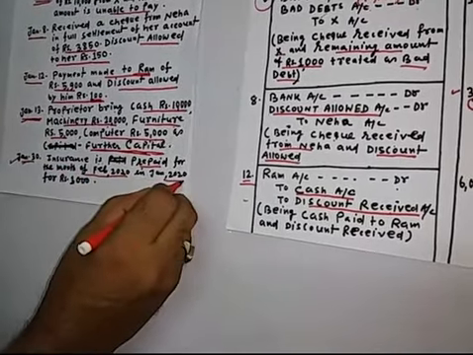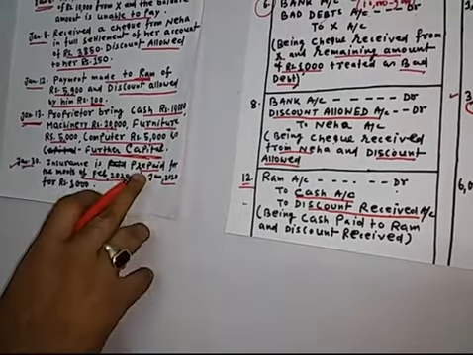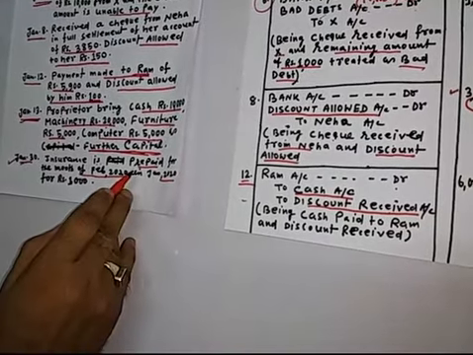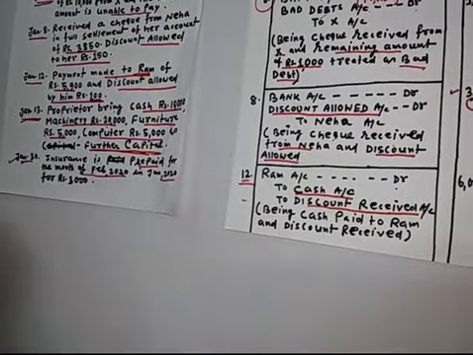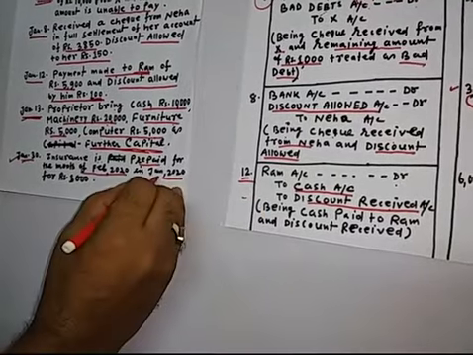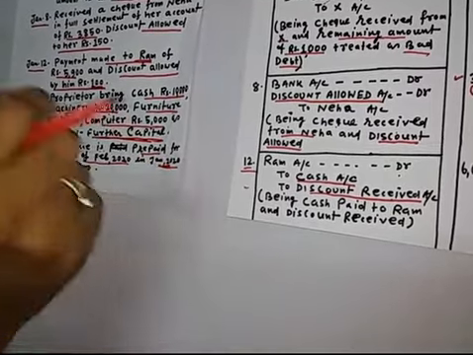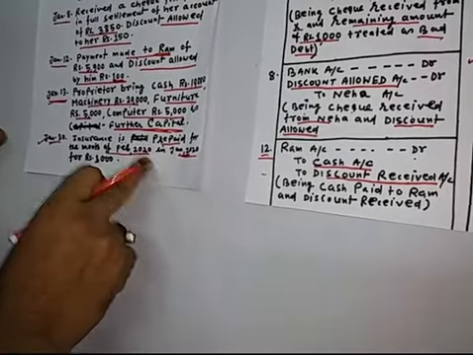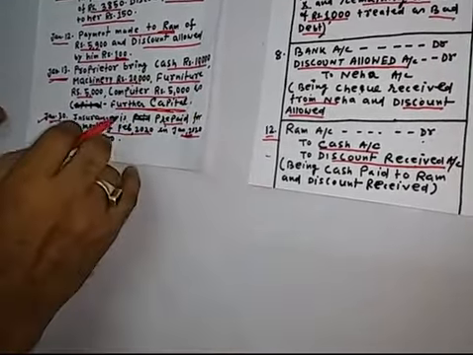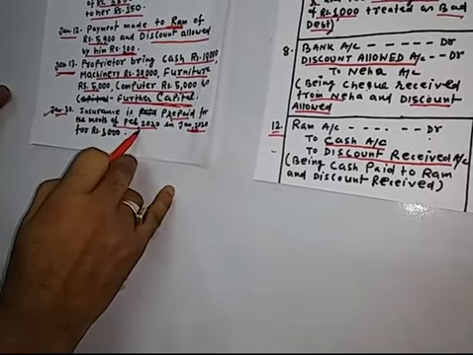It means you are paying the insurance premium for the next month, but you are paying in this month, Jan 2020. You are paying in Jan 2020, but the premium amount is for the month of February 2020. So that is why this is prepaid. Prepaid means paid in advance. So this is a good example of adjusting entries.